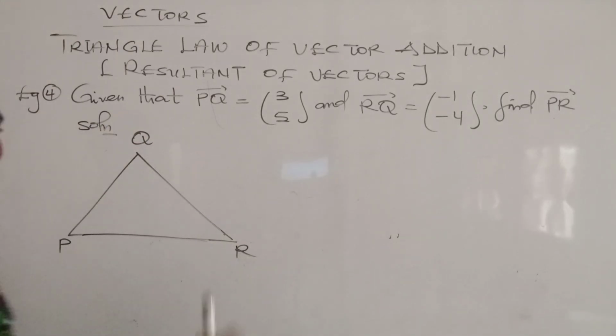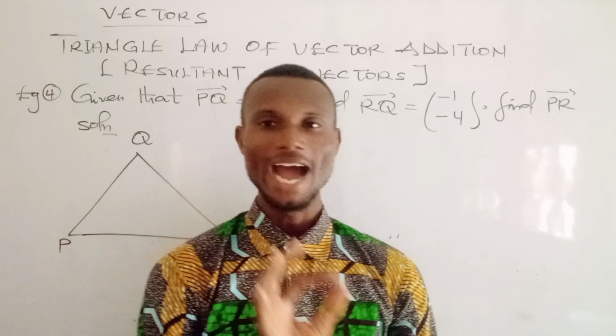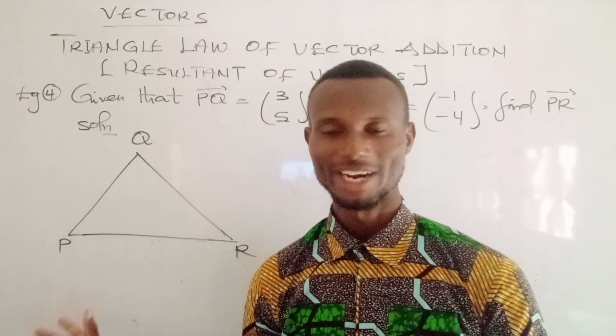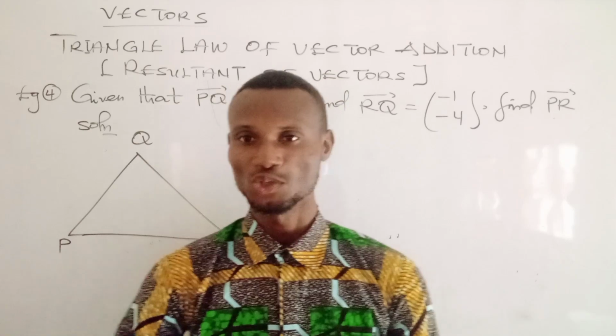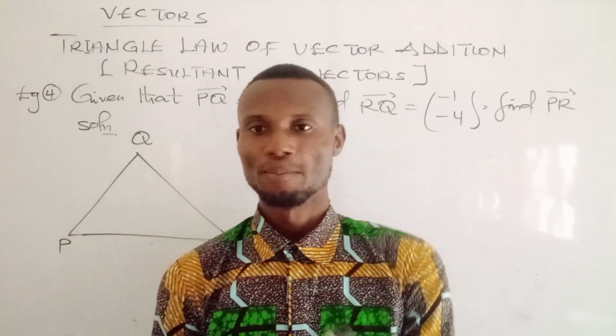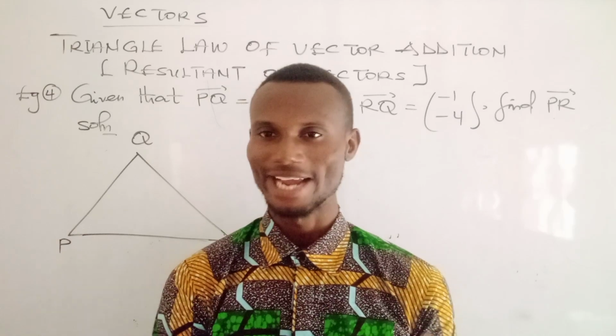Then afterwards, you go ahead and draw the arrows on the triangle. The arrows are very important. I've explained to you that the arrows play a role in the solution, so you cannot ignore the arrows.